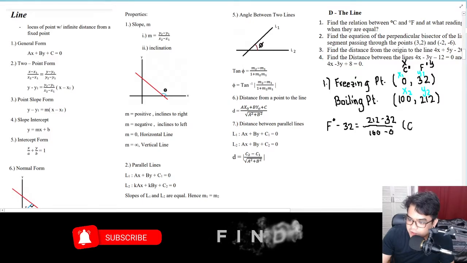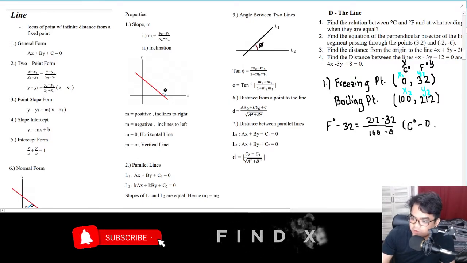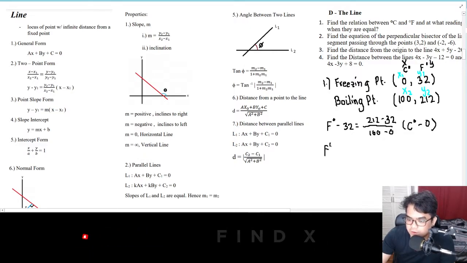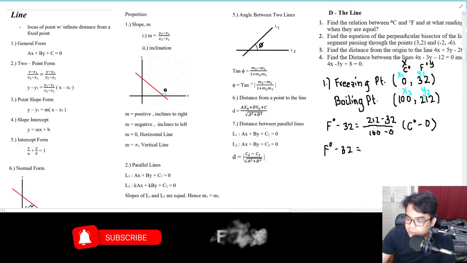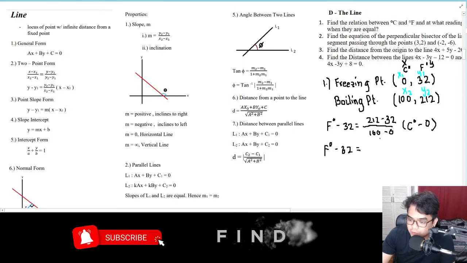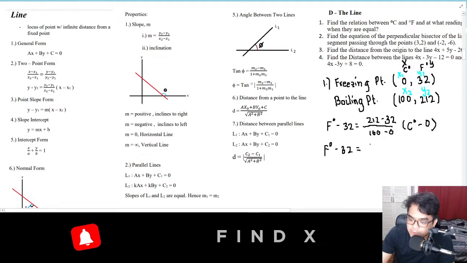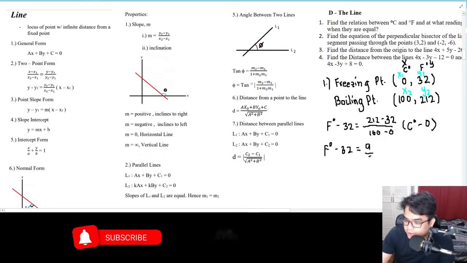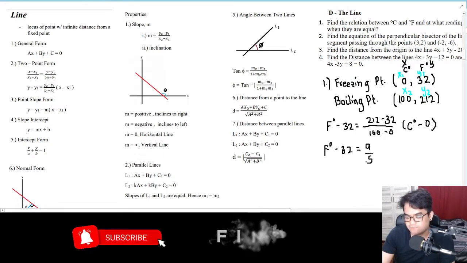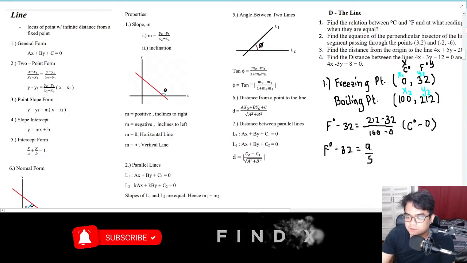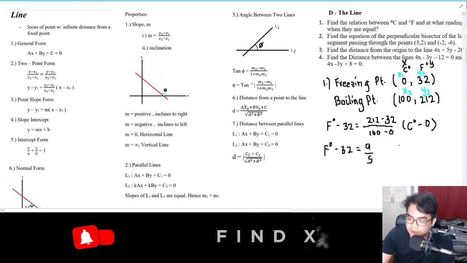Your x here is C, minus x1 is 0. Let's simplify this one. You'll have F minus 32 equal to 212 minus 32 over 100 minus 0. If you simplify this, or you can use your calculator, this is just 9 over 5. That's 180 over 100, so that's 9 over 5. And C minus 0 is just C.